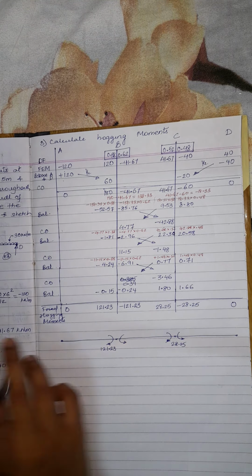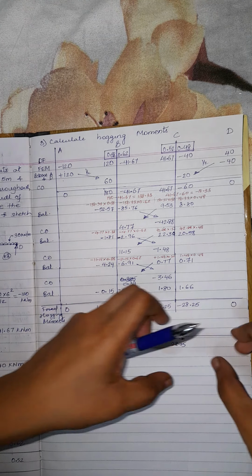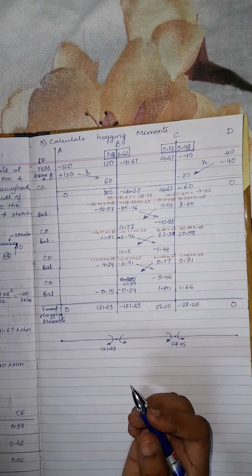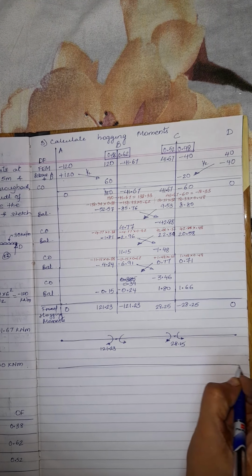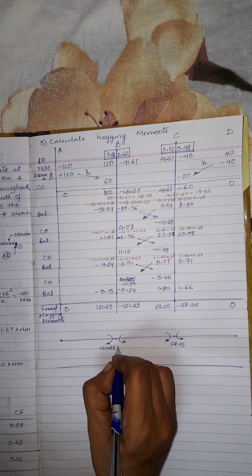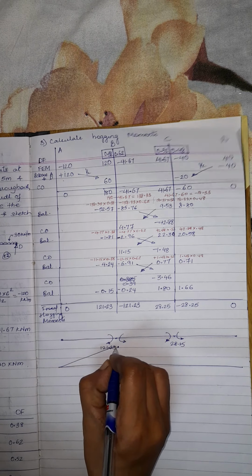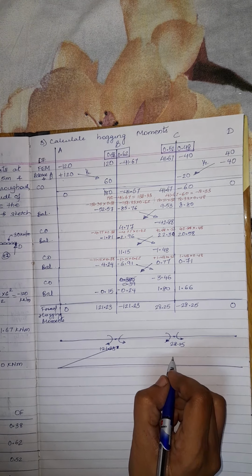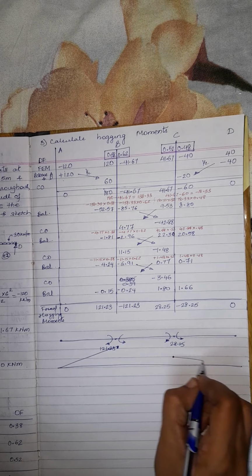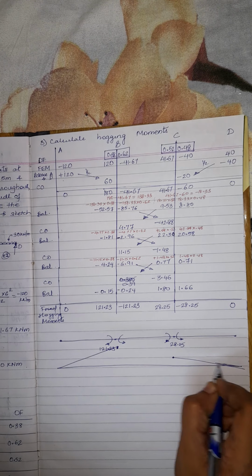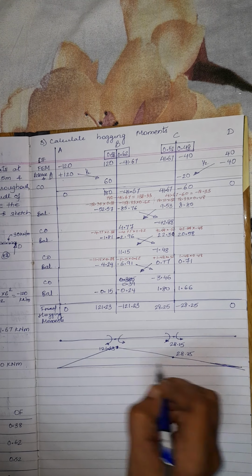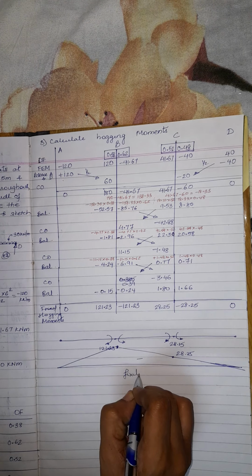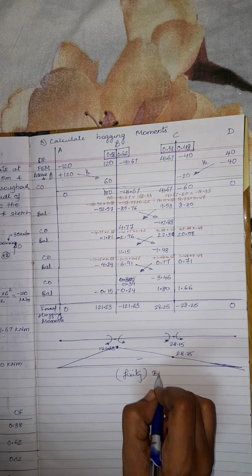So if you see, everything is on the hogging side, on top side, negative side. Okay, so here we can easily draw 121. Let us make it higher. Okay, 28 here and there. So this is fixity BMD.